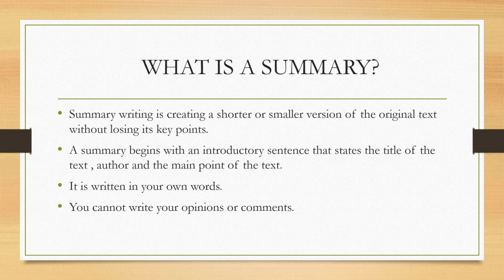And then you have to mention this main point. It may be about the benefits of exercise, so you can write the benefits of exercise. It could be about meditation or the joy you get when you read books. So this one main point has to be mentioned in the text.